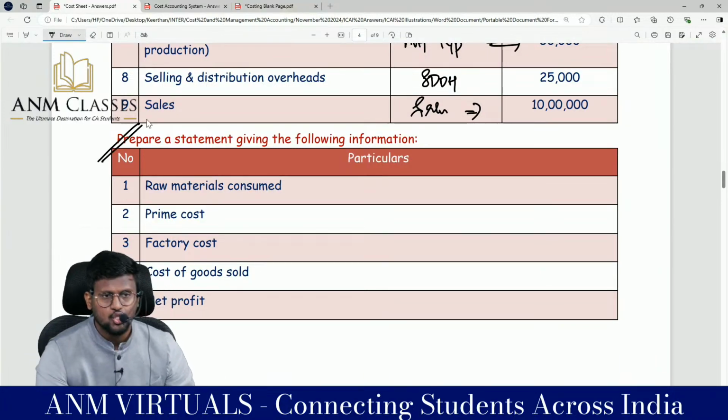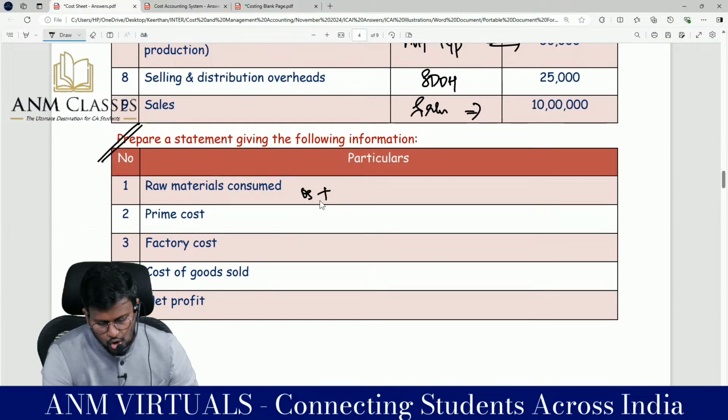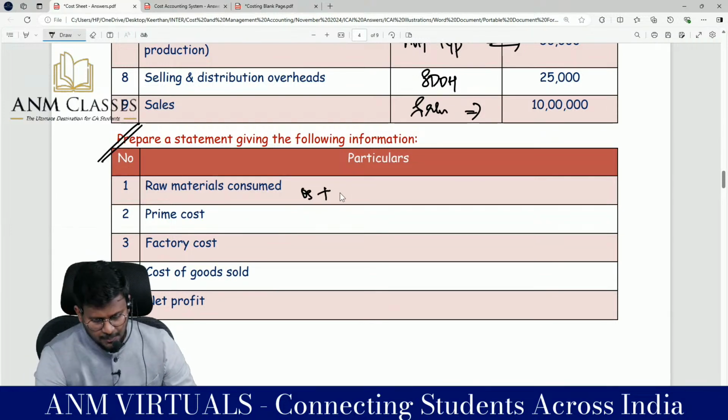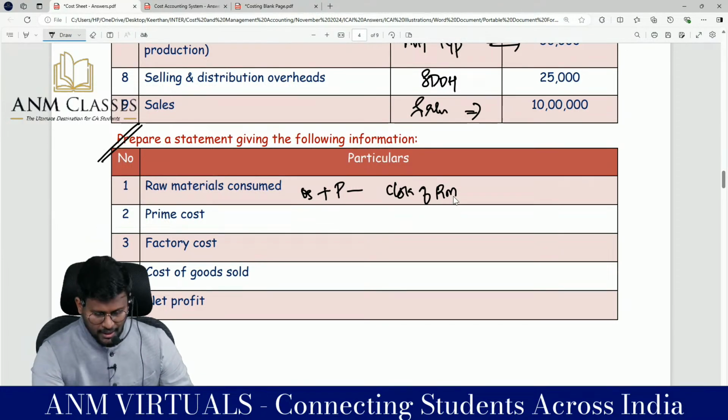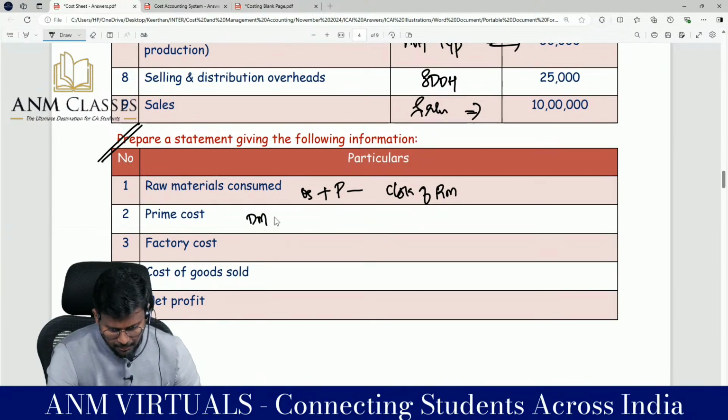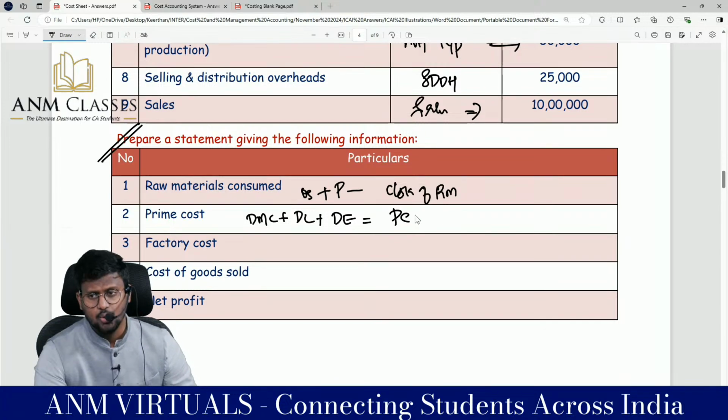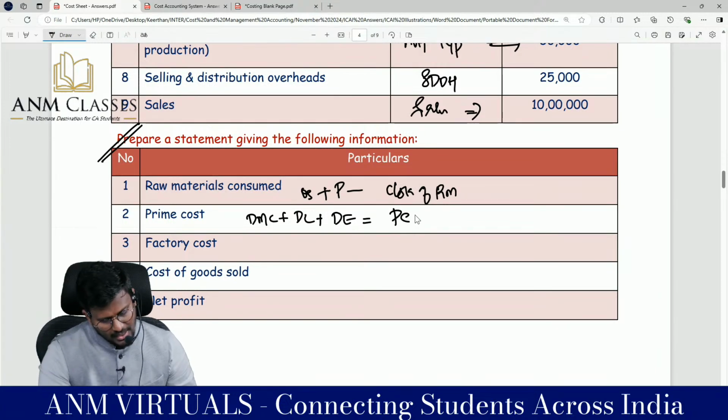Raw material consumed is opening stock of raw material plus purchases of raw material minus closing stock of raw material. It is very easy. Next, prime cost: direct material consumed plus direct labor plus direct expense. Next, factory cost: prime cost plus factory overhead.